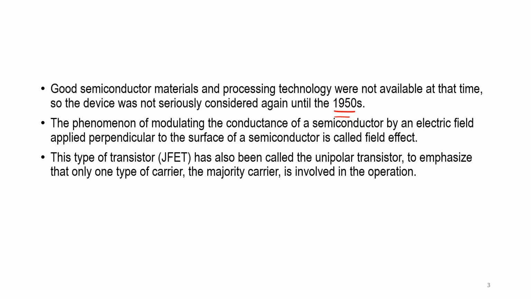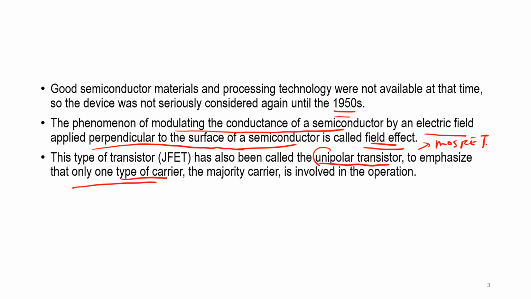The theory of modulating the conductance of a semiconductor by an electric field applied perpendicular to the surface of the semiconductor, we call field effect. This is also applied in MOSFET. This type of transistor, JFET, is also known as a unipolar transistor because it involves only one type of carrier.